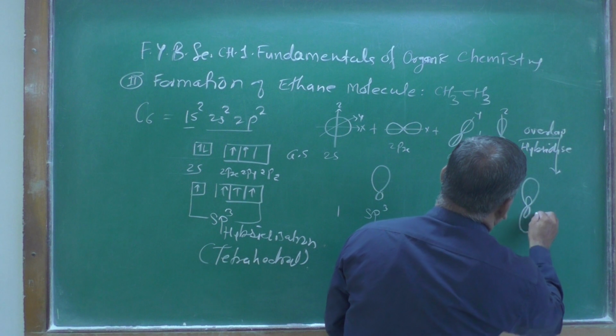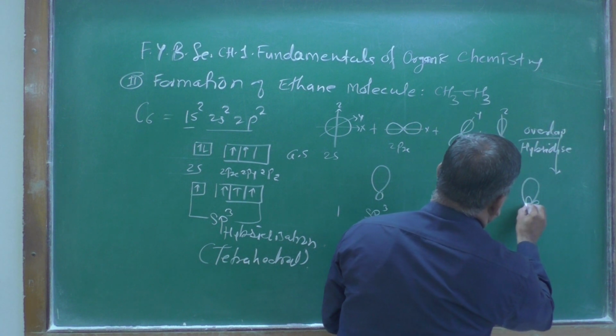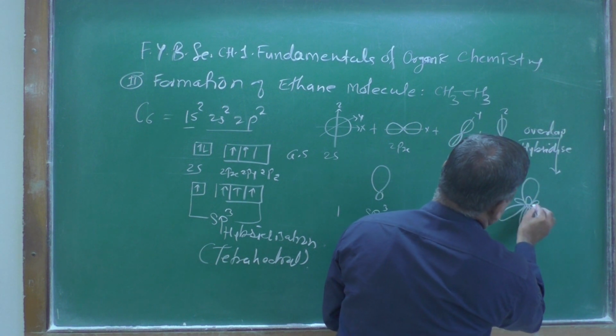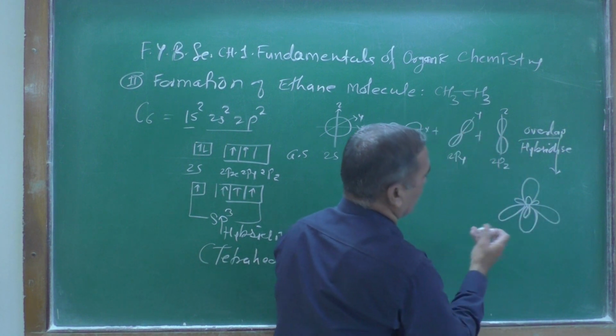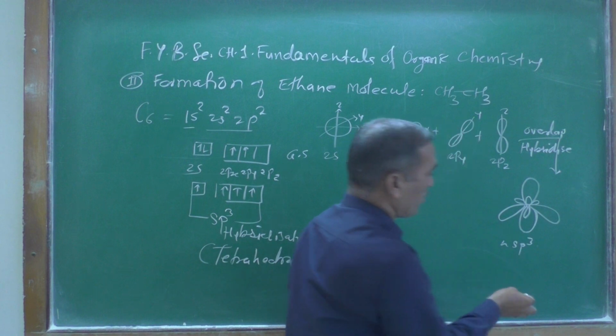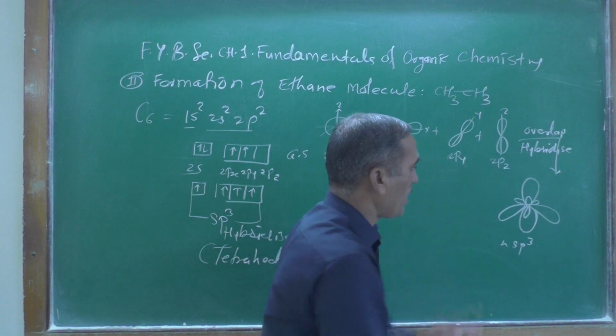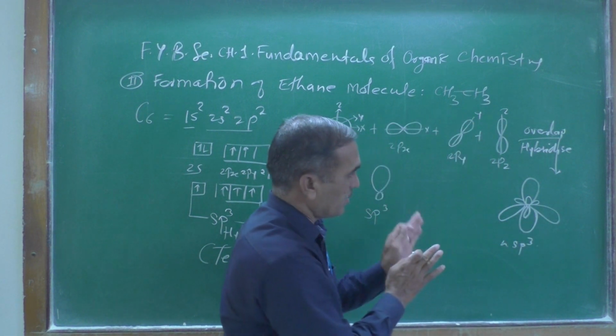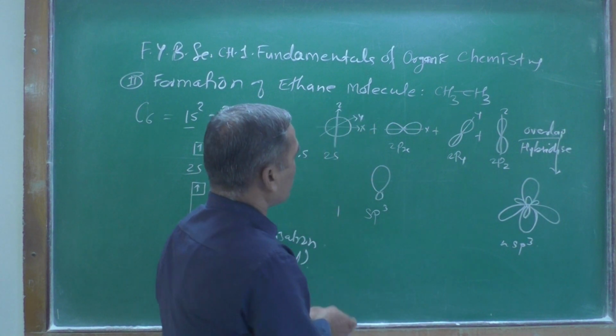Look here, this is 4 sp3 hybrid orbitals that are found here. Now what is happening?